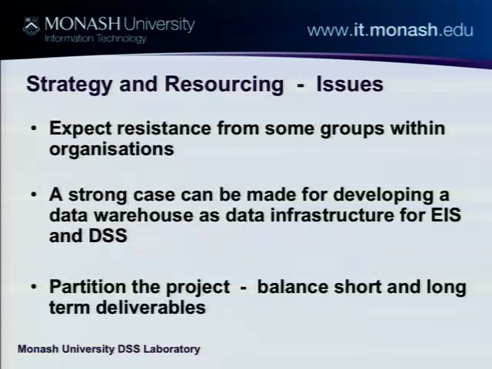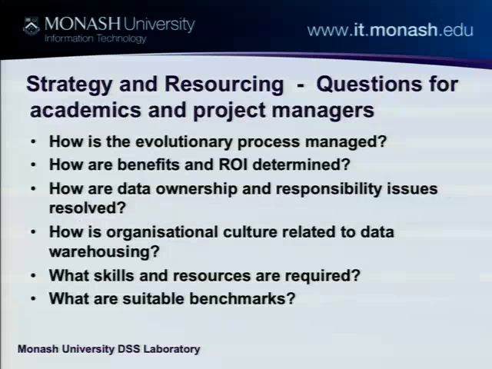So, like I said, expect resistance, it has to be managed, and a key strategy is breaking down those evolutionary cycles and treating each cycle as a more traditional kind of IT project, and then handling the complexity that way. So key questions that come out of that research project, questions both for practitioners as well as for us as academics looking to do further research in this area, are: how do we manage the evolutionary process?